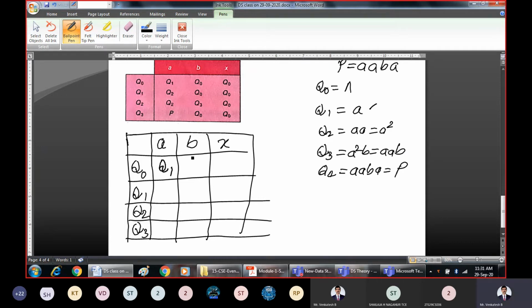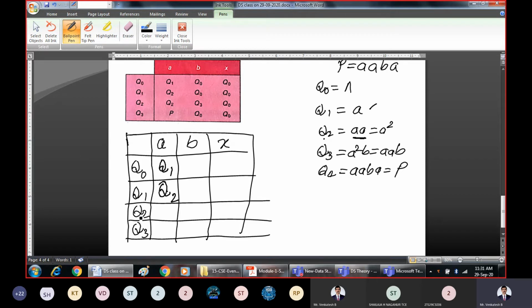When you are in Q1 state, which is A, and you get the next character as A again, double A's continuously, it indicates Q2. From Q1, if you get A, it is going to indicate Q2. Rows indicate the different states and columns indicate the different characters we read from those states.